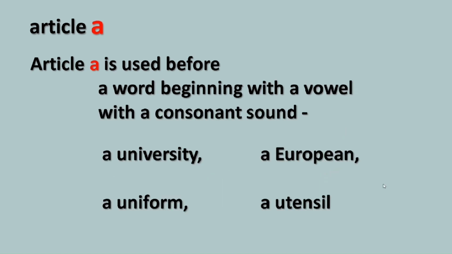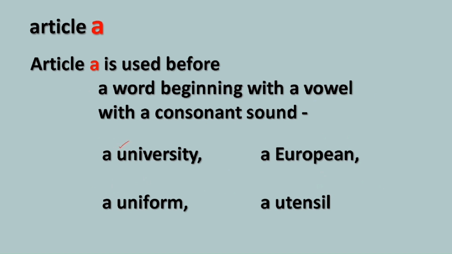See the next rule. Article A is used before a word beginning with a vowel with a consonant sound. This means the words which have a vowel letter in first place, but the pronunciation is like a consonant. See the word university.